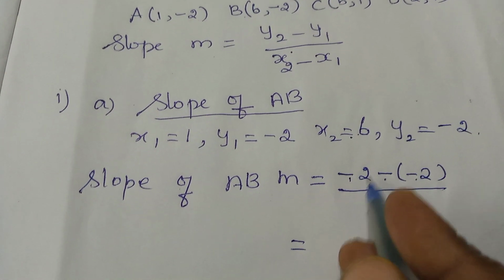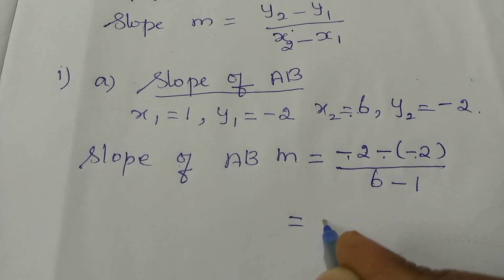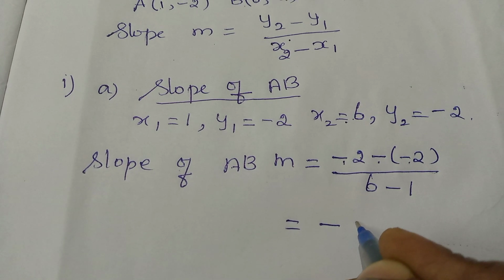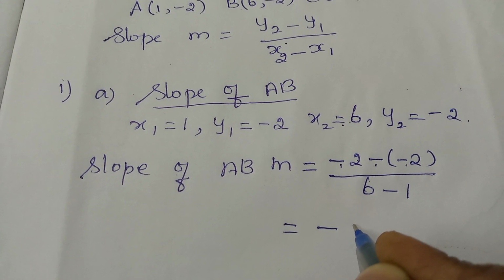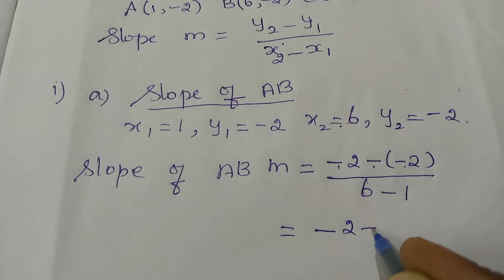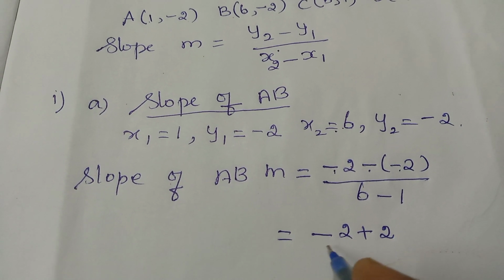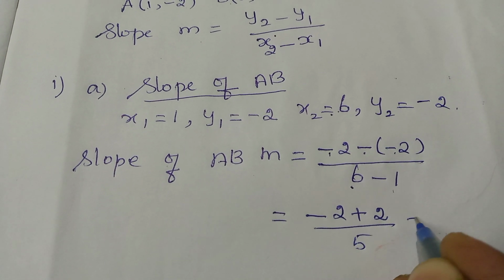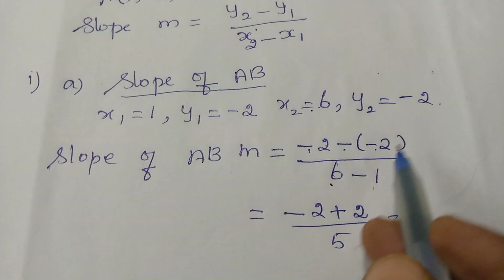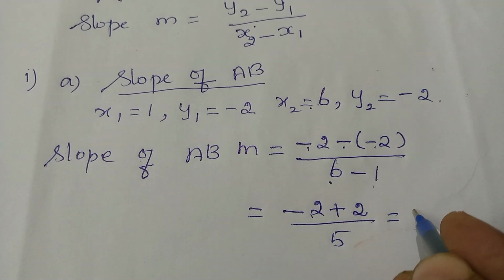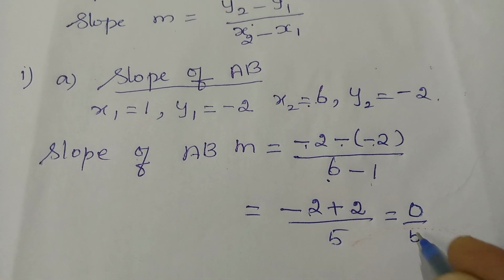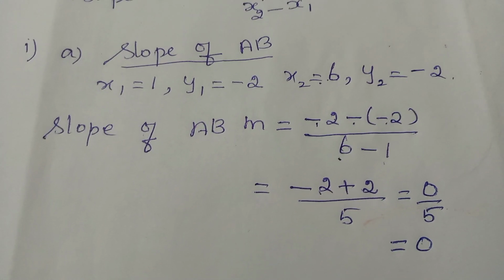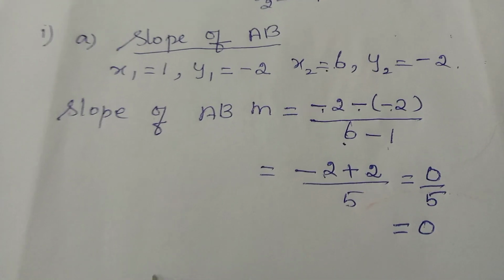That is equal to minus 2 plus 2 divided by 6 minus 1, we have 5, which is equal to, what is minus 2 plus 2? 0 by 5. 0 by any value is 0. Therefore, slope of AB is equal to 0.